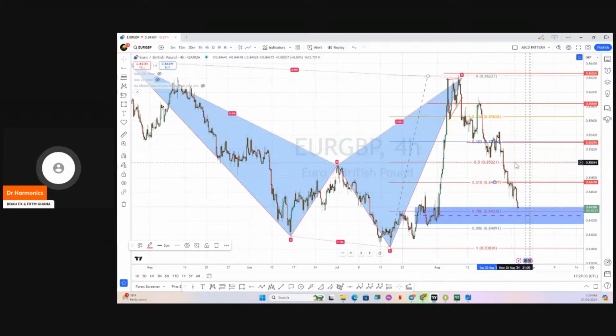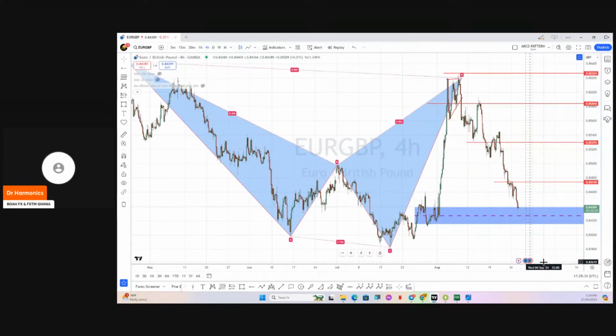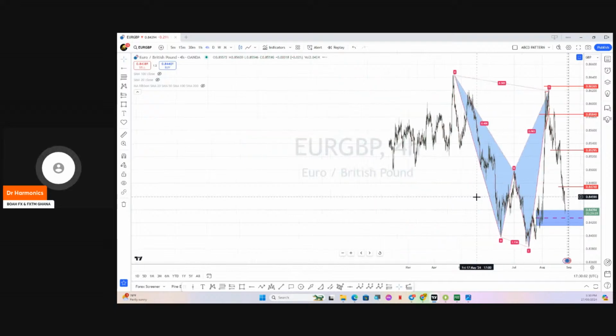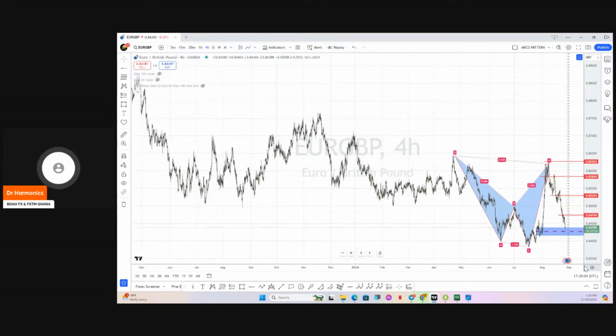You would have exited the market long time ago. First thing over here, it can reject here on this other block and continue up, but I don't see it going up. I see it trending down more. You just have to follow the trend.